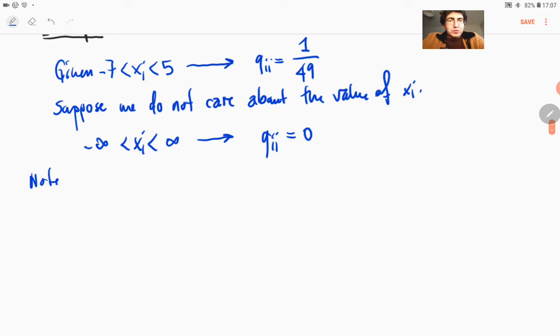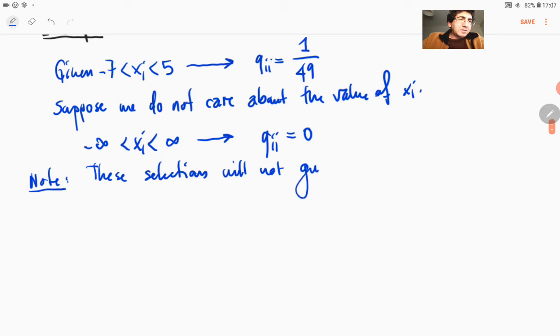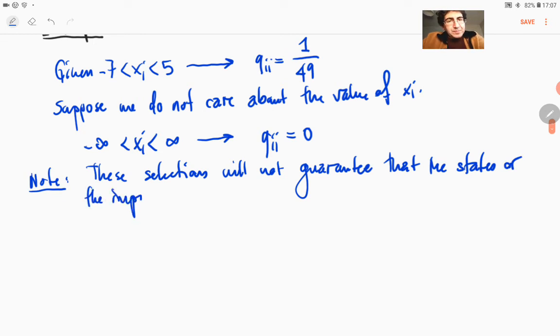As a final note, these selections are essentially some initial guesses, but they will not guarantee anything. Okay, these selections will not guarantee that the states or the inputs will remain within the given bounds.